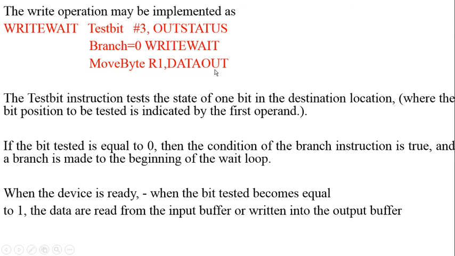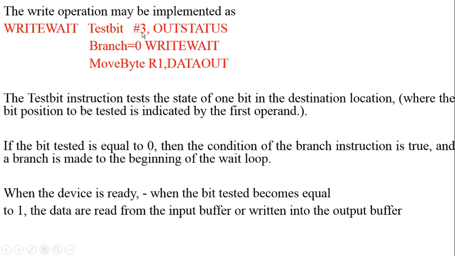The Test bit instruction tests the state of one bit in the destination location, where the bit position to be tested is indicated by the first operand. Here it is 3. That means the third bit of OUTSTATUS indicates the SOUT status flag. If the bit tested is equal to 0, then the condition of the branch instruction is true. If the third bit value is 0, then the processor continues the wait state, and the branch is made to the beginning of the wait loop.